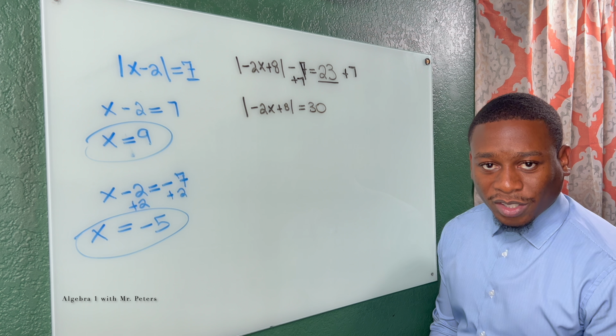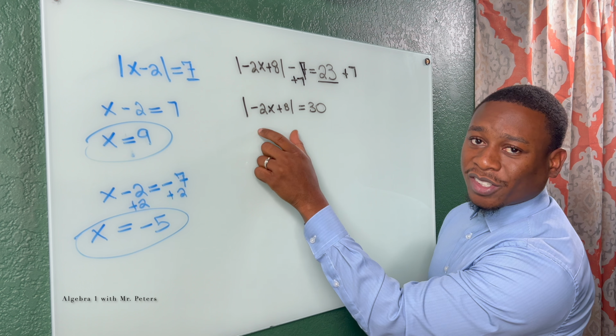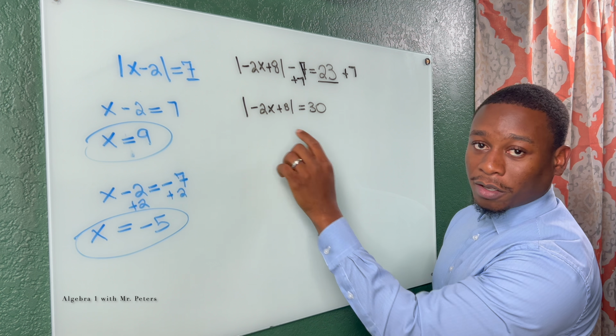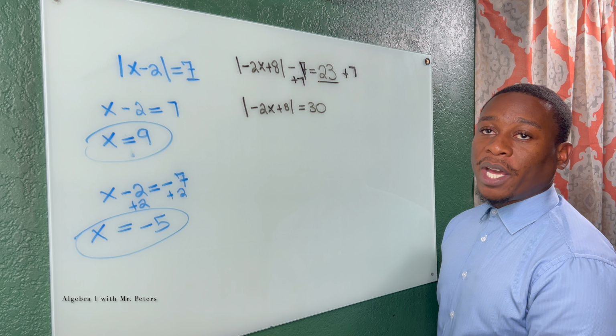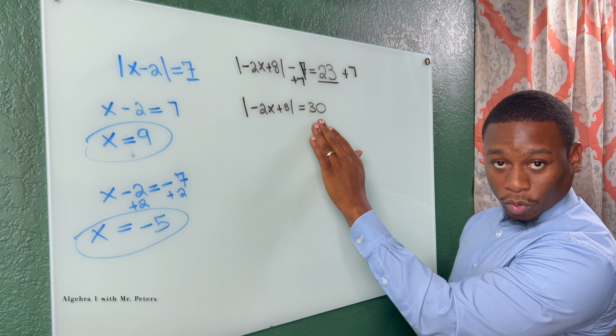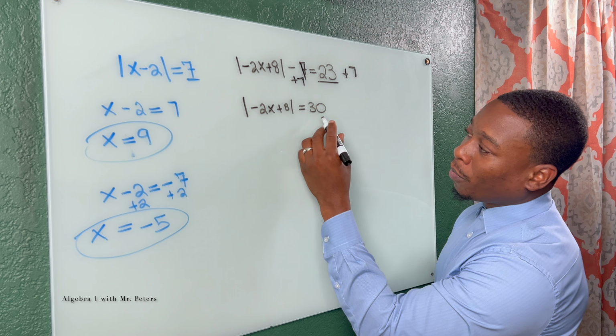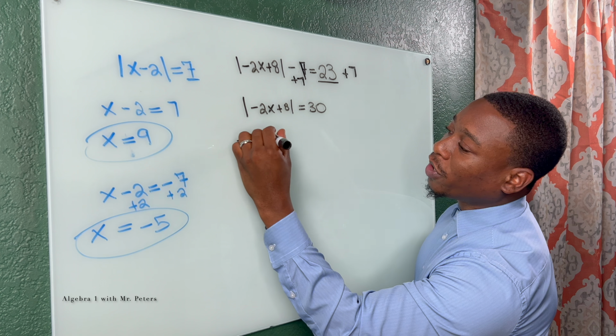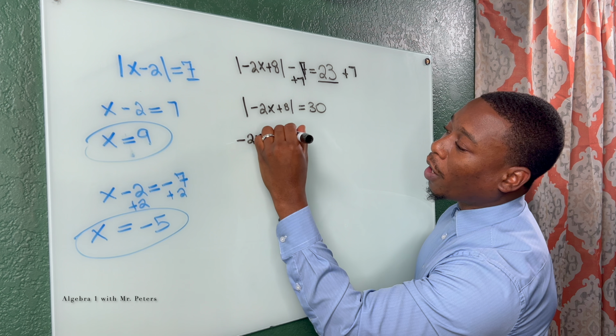A common mistake that students make is they think they can't solve this because what's inside the absolute value, particularly the x, is negative. What's inside does not matter. We're talking about what the equation is equal to. Now that it's by itself and it's equal to a positive integer, we'll drop it for the first equation, right?